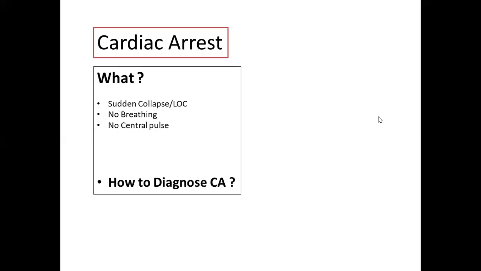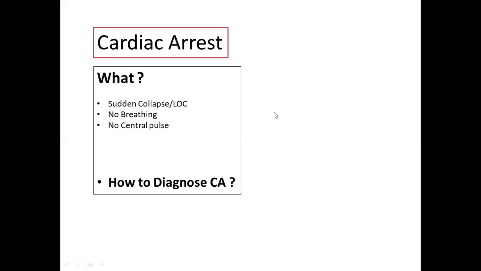That is where the concept of downtime comes, right? Downtime means duration from the arrest to CPR. If the arrest to CPR is more than 20 minutes, we are not going to start usually because already the brain is dead.